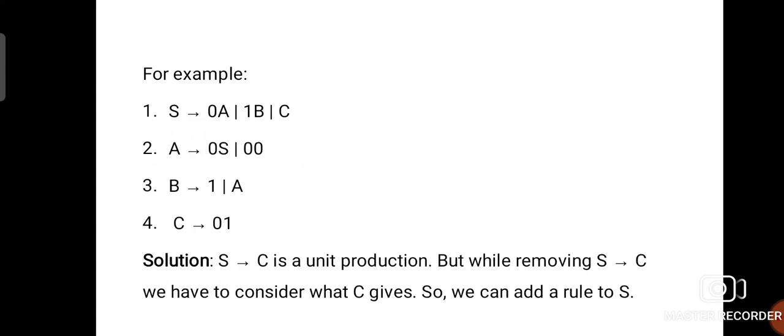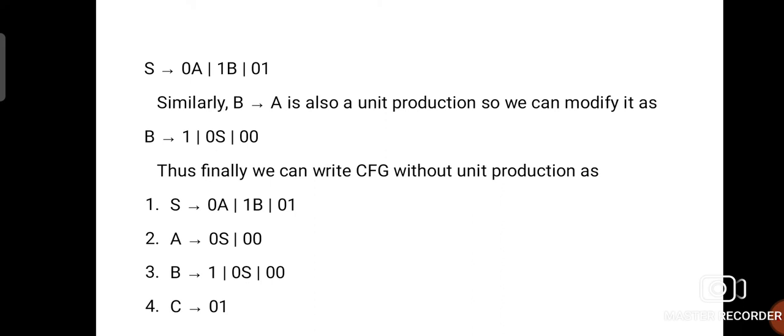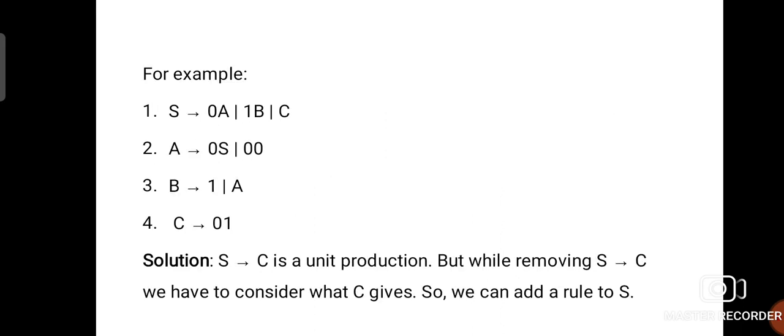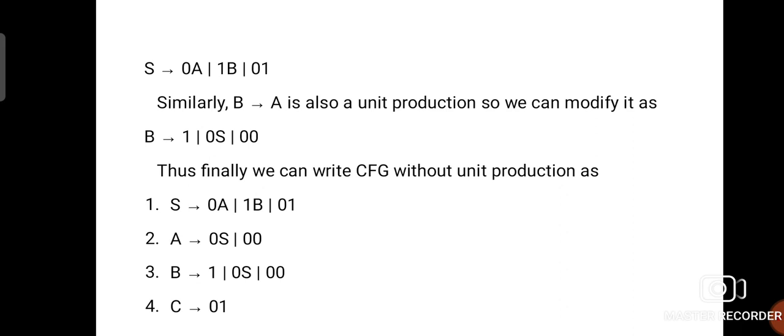Here in this example, we have the unit productions B tends to A, and S tends to C is also one of the unit productions. So in the place of C, we have to eliminate C. So S can be reconstructed into S tends to 0A, 1B, 0, 1. Instead of C, we have substituted 0, 1.